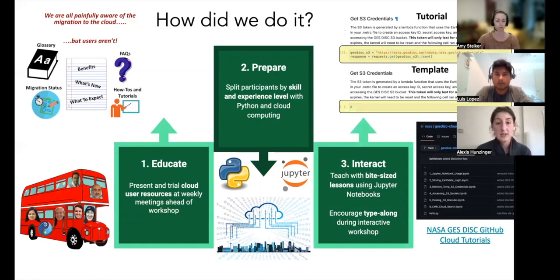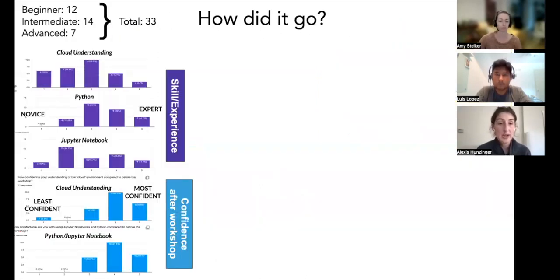So how did it go? Overall, we had positive feedback. Most people felt more confident after the workshop, whether that was with Python or with understanding working in the cloud. You can see that in total, we had 33 staff participate and a roughly even breakdown of beginner, intermediate, and advanced levels.